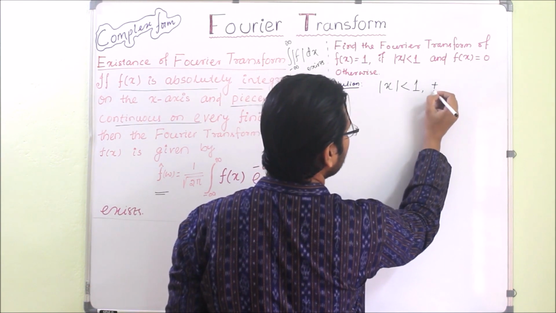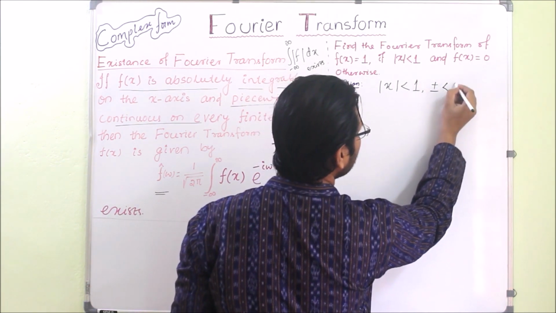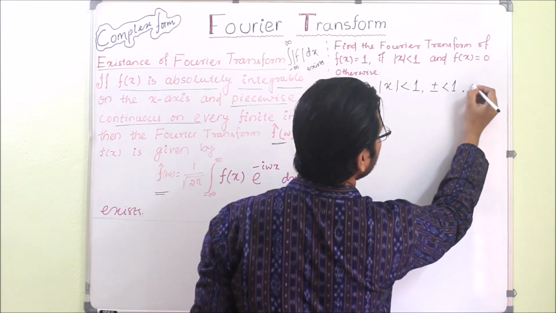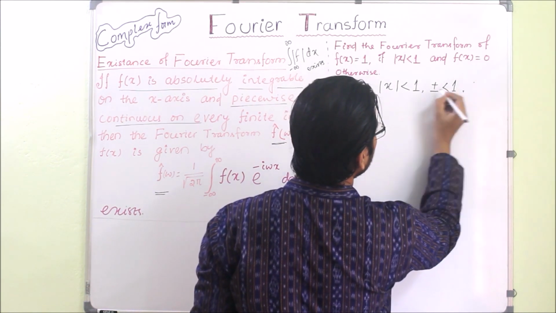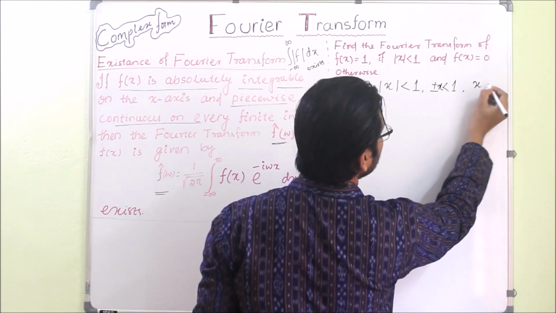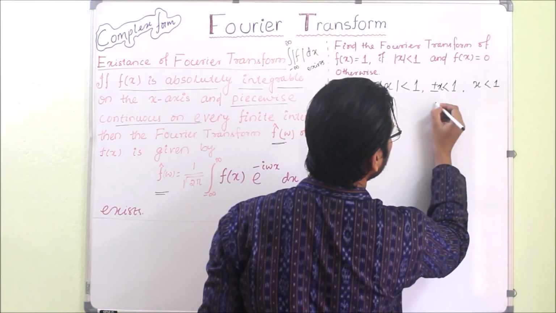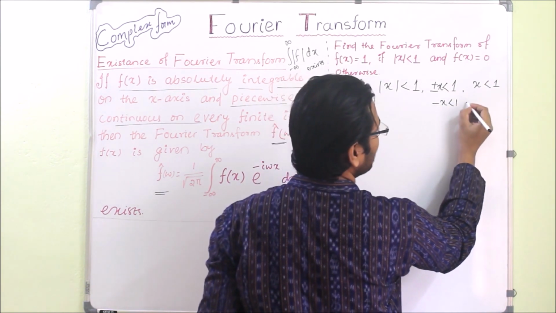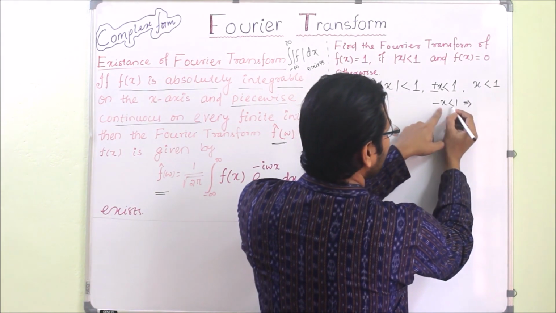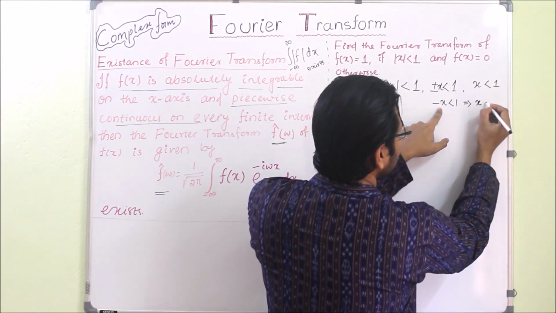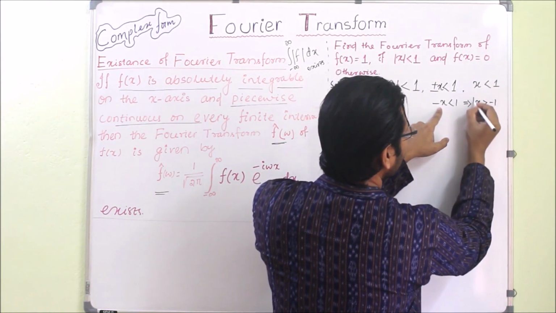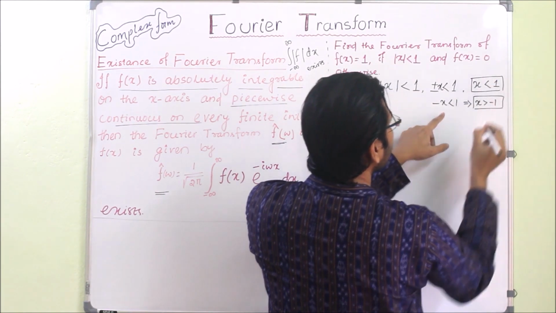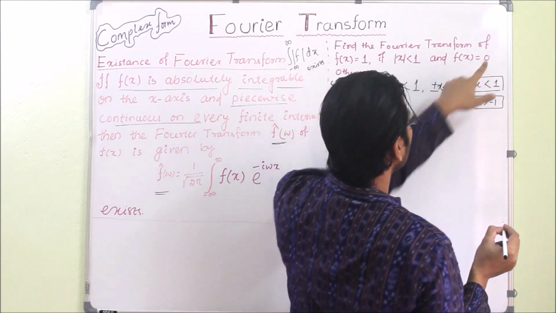We can write it as plus or minus x less than 1, so it will be either x less than 1 or minus x less than 1. Minus x less than 1 means, if I multiply both sides by minus 1, x greater than minus 1. So these are two things we are getting. Other than that, f of x will be 0.